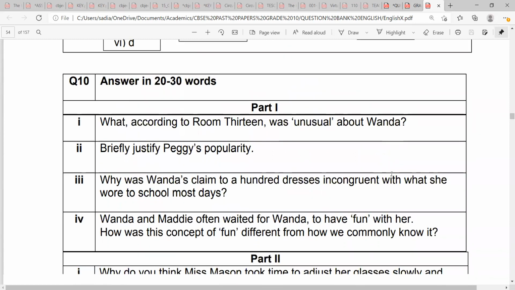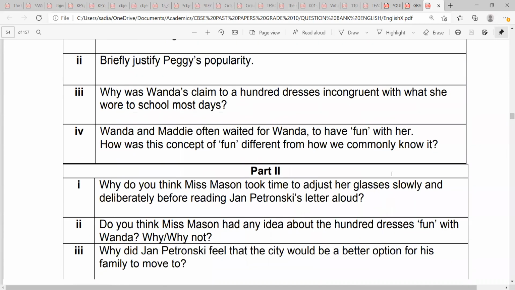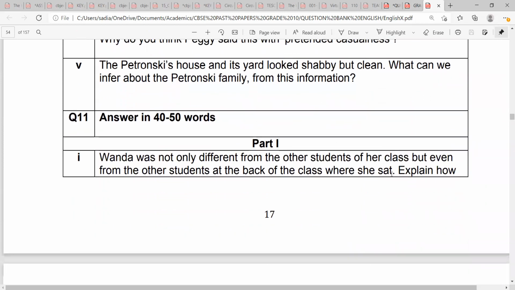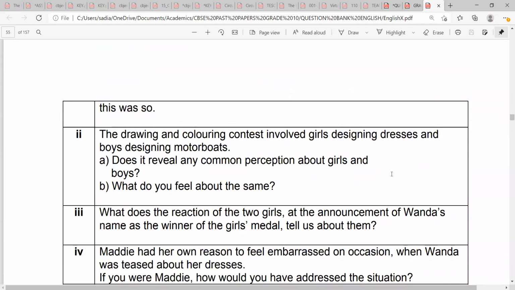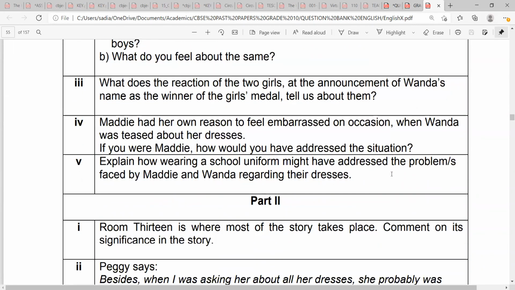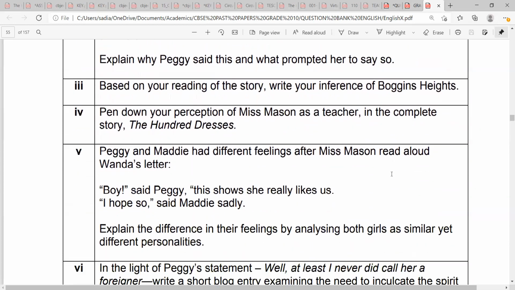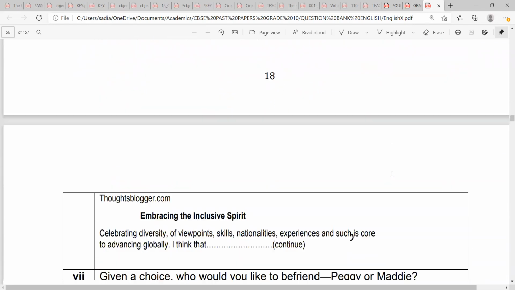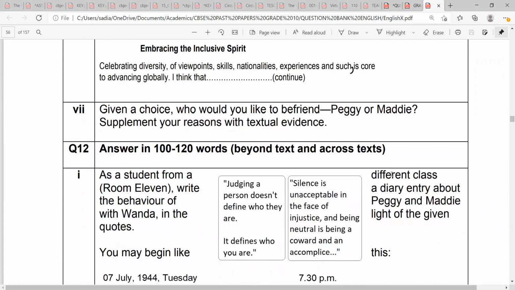20 to 30 words questions. Questions. 40 to 50 words questions. Part 1 and from part 2. 100 to 120 words questions.